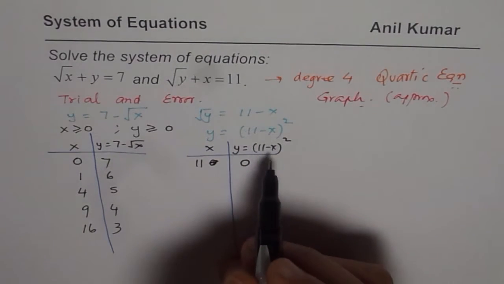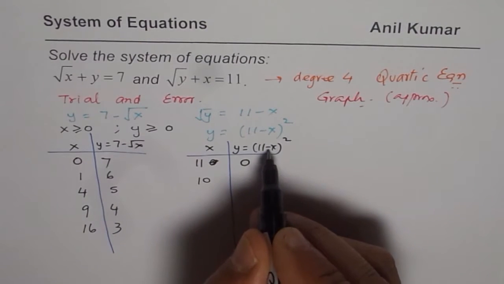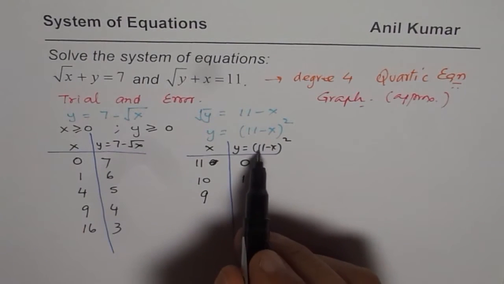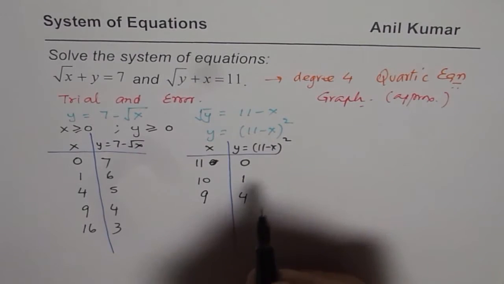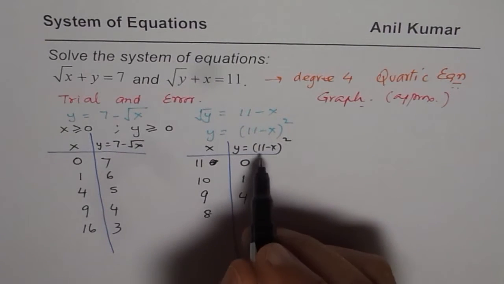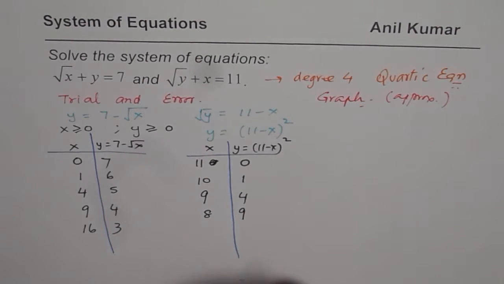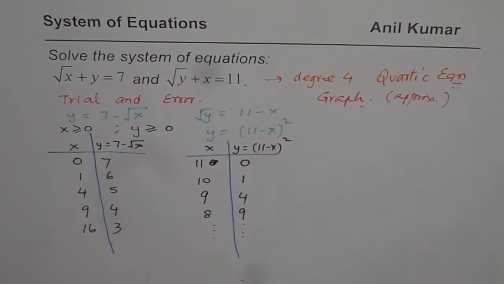Now let us take 10 as an example. 11 minus 10 is 1, and 1 square is 1, right? If I take 9, 11 minus 9 is 2, and 2 square is 4. If I take 8, 11 minus 8 is 3, and 3 square is 9. Likewise, we can take other values of x and find the corresponding values of y.